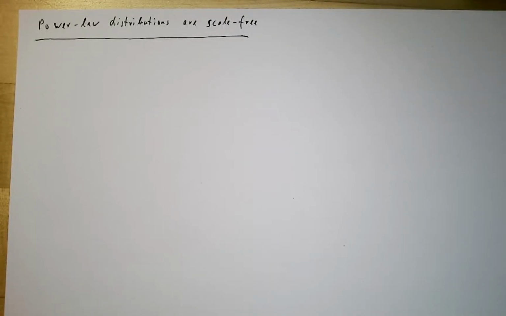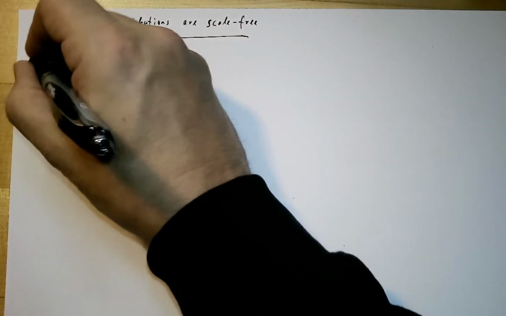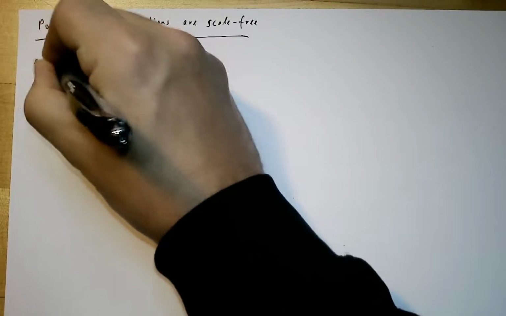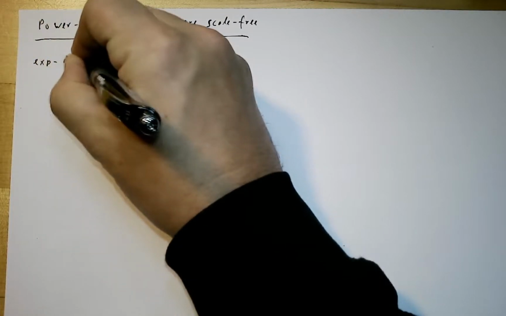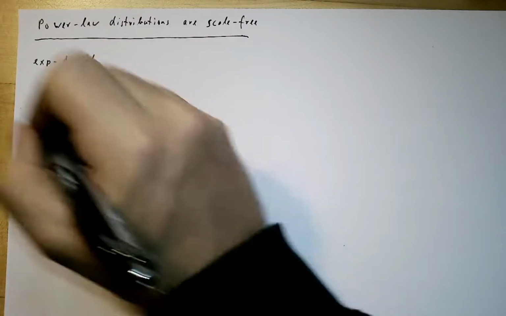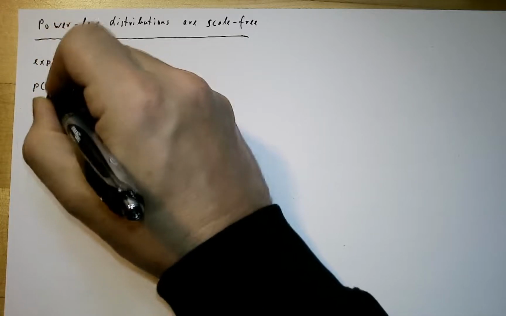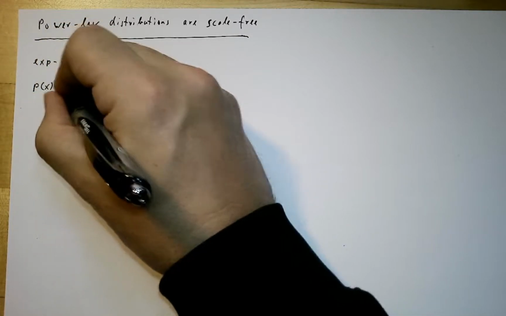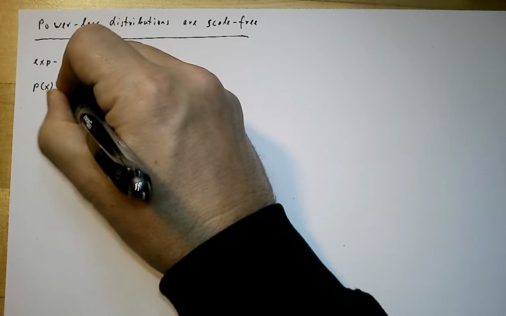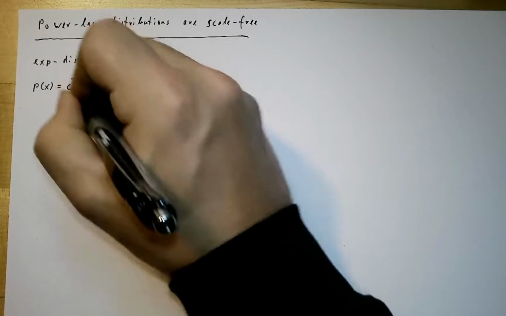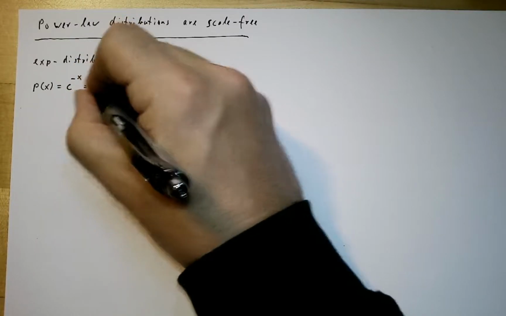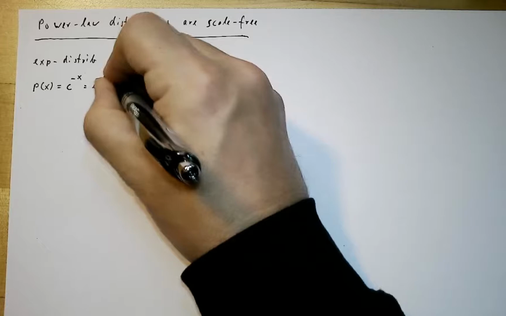And to start this discussion, let us compare again our two favorite distributions, the exponential and the power law. So let's say we have here again the exponential distribution, where we say the probability of our random variable goes like c to minus x, or we can write it as e to minus another parameter x.